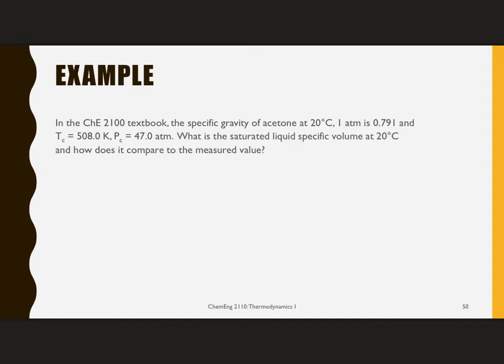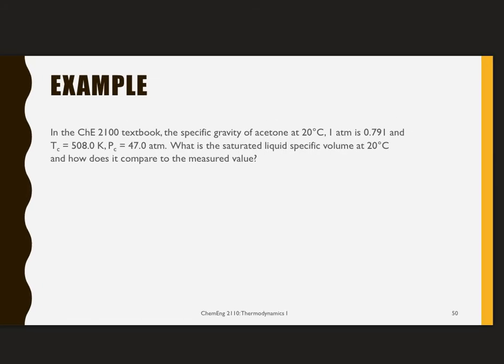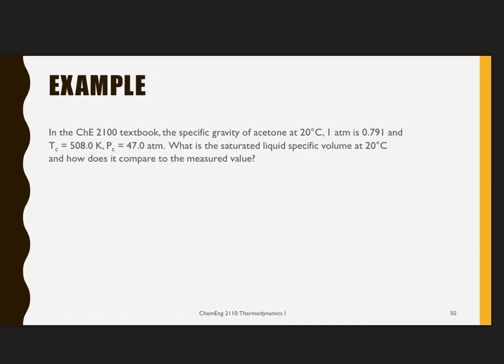Next, we want to look at acetone, same basic given information, but we want to know the saturated liquid specific volume at 20 degrees C. So for this case, we want to use the Rackett equation. The Rackett equation says that V saturated is VC ZC to the 1 minus TR to the 2/7 power.